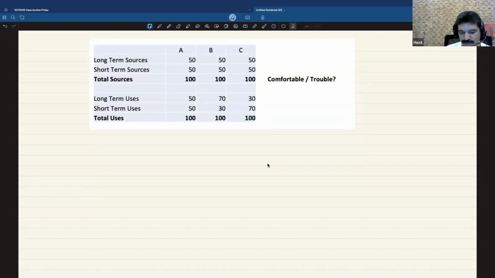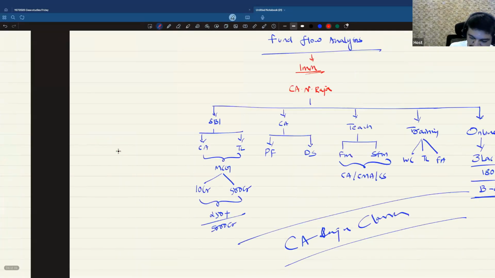Now, if I ask you which company is in trouble here, will you be able to answer? Actually, we can answer this through the fund flow statement, and all of you have developed that ability now itself, right? See, here there is a long-term source. We should compare it with the long-term use. That's what the fund flow statement taught us, right?